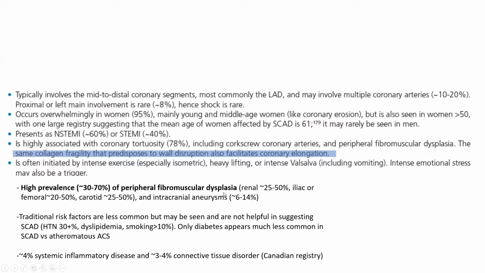Furthermore, I would say that elongation of those arteries and that tortuosity can also create kinks in the vessel with whiplash movement, which can trigger dissection. In my judgment, looking at some of those angiograms, you see a lot of whiplash, seesaw movement, which I think can favor the occurrence of SCAD.